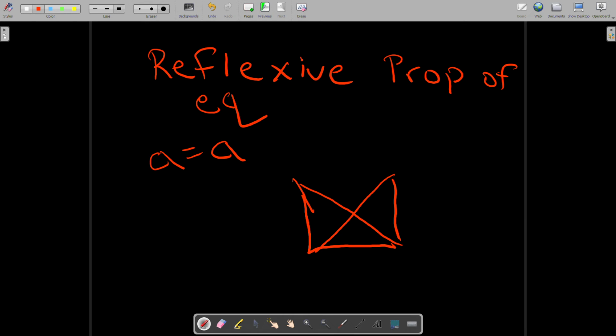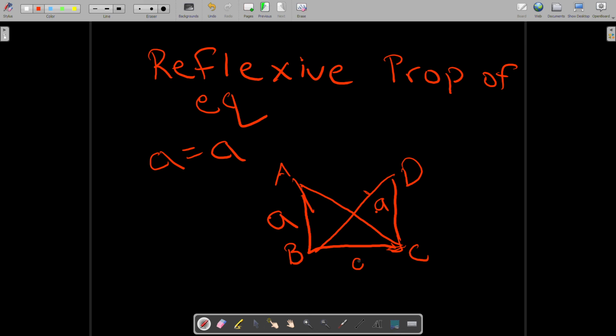And say that this is point A, this is point B, C, and D. Okay, now say that this length is A, and this length here is A, the one right here. So that might not be obvious to us because they don't look the same. But when in the geometric standpoint, when we have A here and A here, we know that this has to be equal to this. So this is where the reflexive property of equality comes in handy.